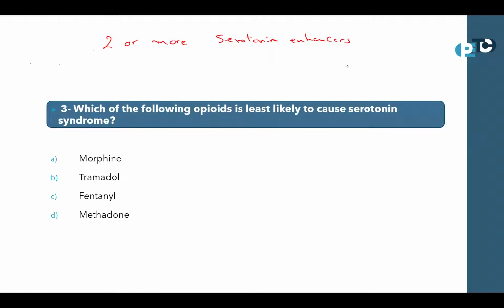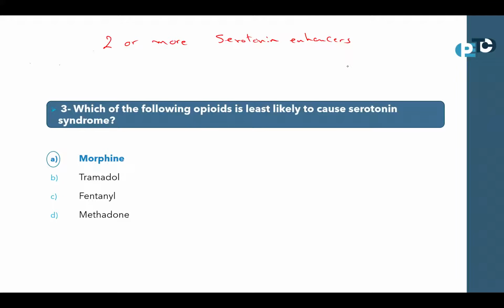We are looking for which is the least one, the lowest one, or even does not cause serotonin syndrome. The right answer here is morphine. Okay, the right answer is morphine.